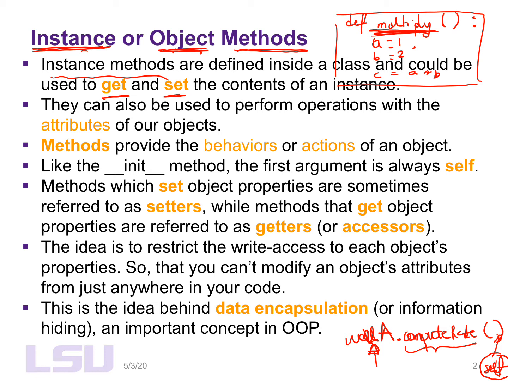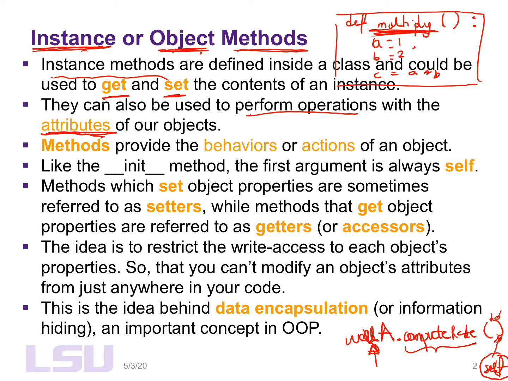So they can be used to perform operations with the attributes of our objects. So the attributes are the properties of our object. So for instance, if you want to compute production rate for well A, and you already stored in well A its initial flow rate, initial decline rate, B exponent, which are the properties of well A, you wouldn't need to provide those as additional arguments to the compute rate function because they're already sitting in the object.